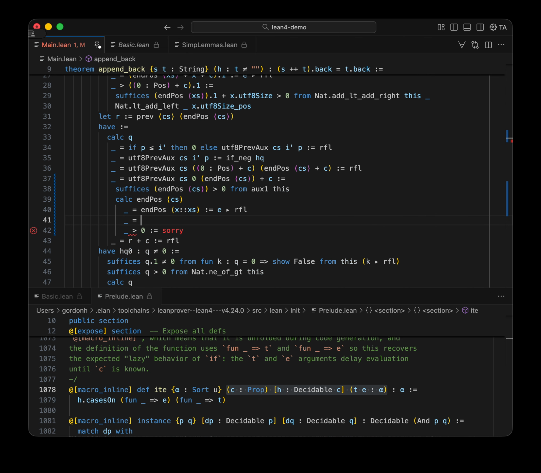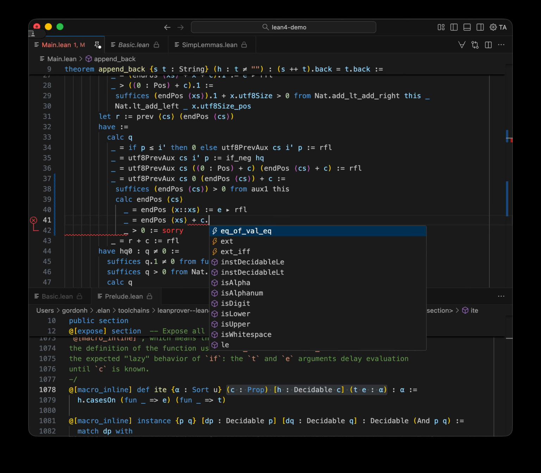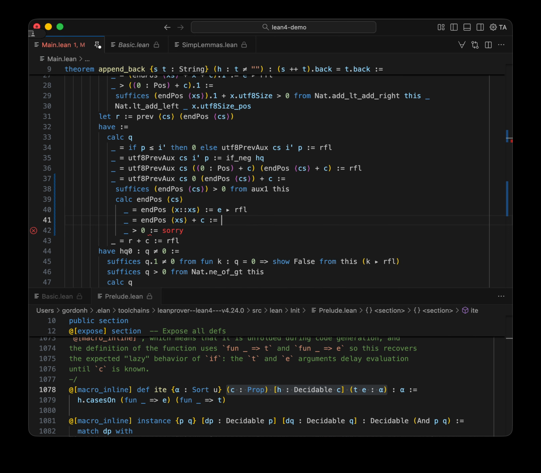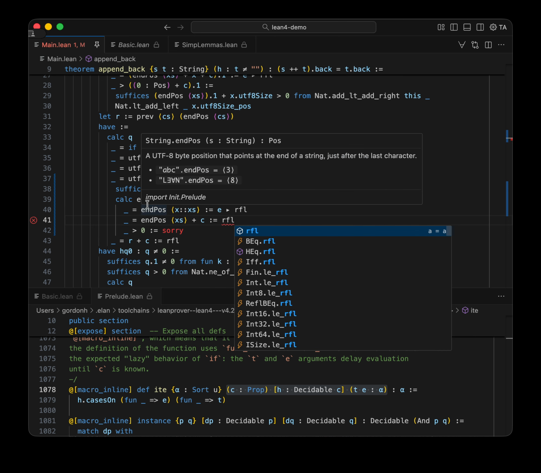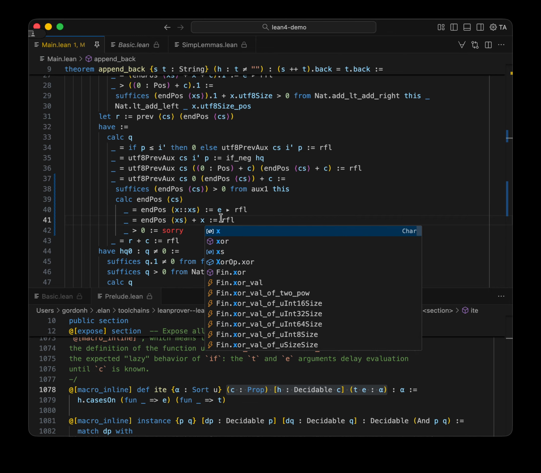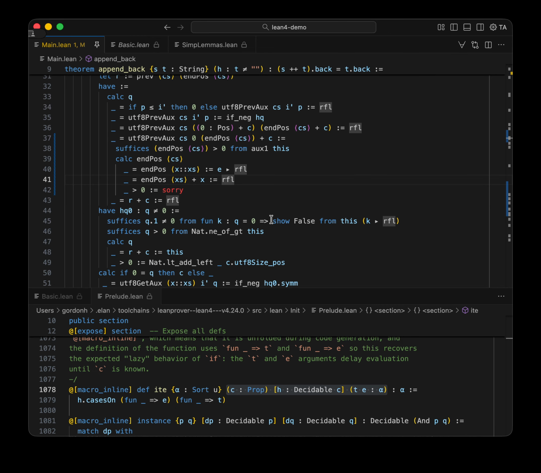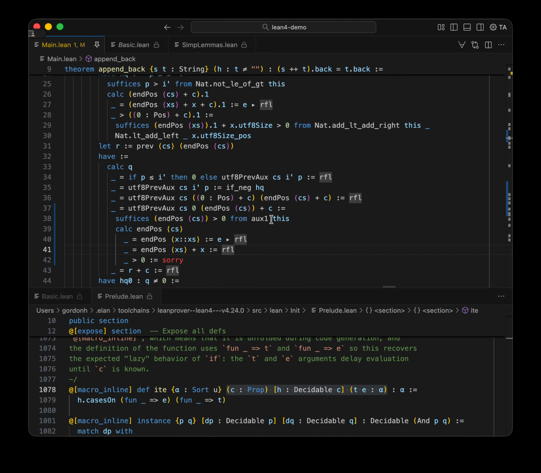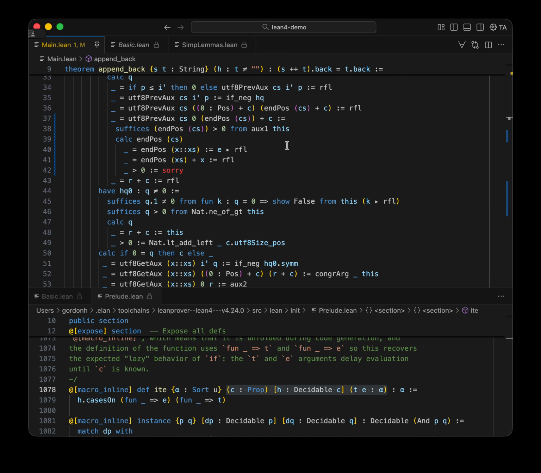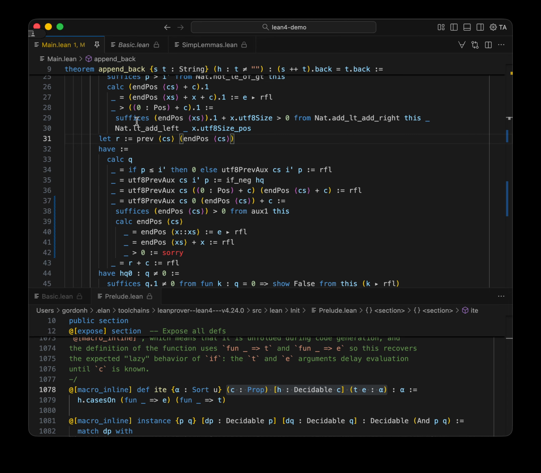Great, we know how to do this. And now you're adding something positive. And I should have extracted this into a separate theorem, so I don't have to repeat this again and again.